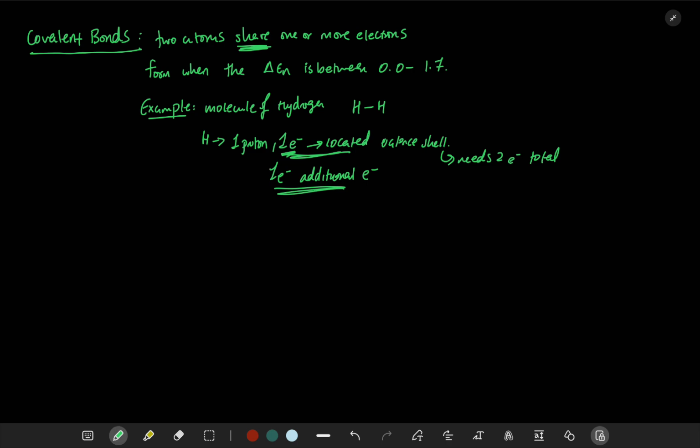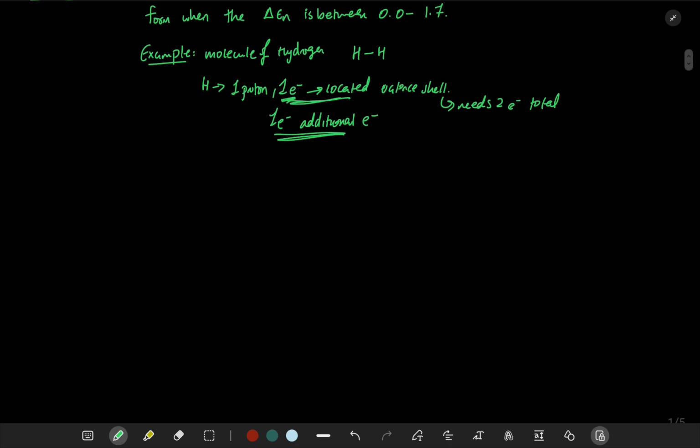So what does that mean? Well, that means that when two hydrogen atoms come in close proximity, the nucleus of one hydrogen atom will begin to attract the electron in the other hydrogen atom.